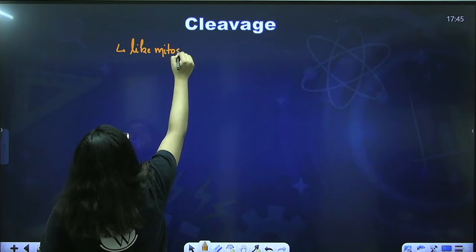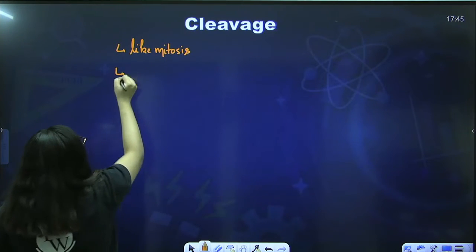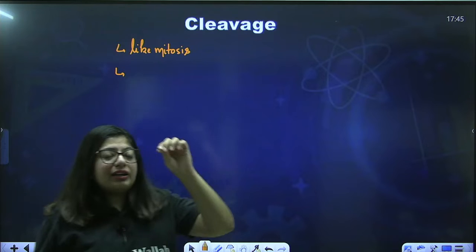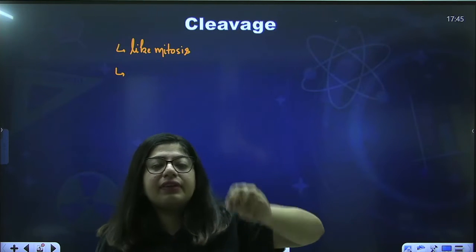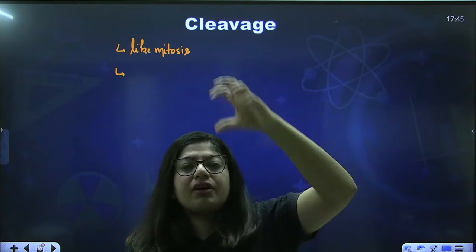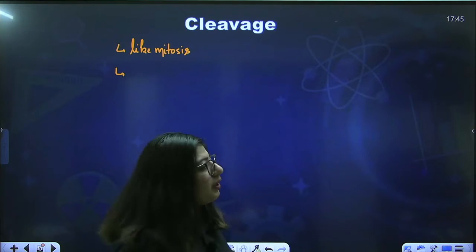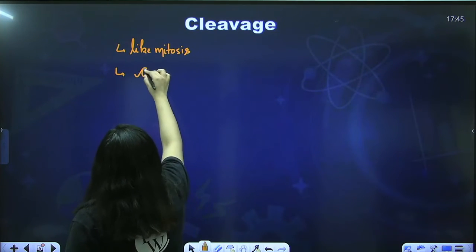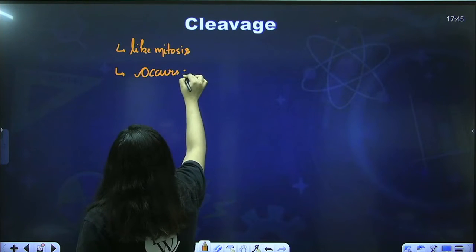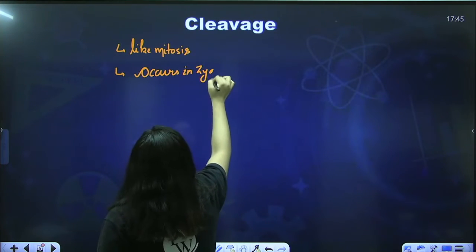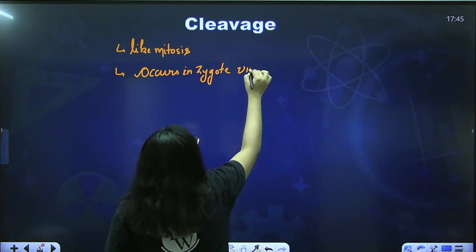You will never find cleavage divisions anywhere else in your body. Cleavage only occurs in the zygote and runs only up to the early embryonic stages.